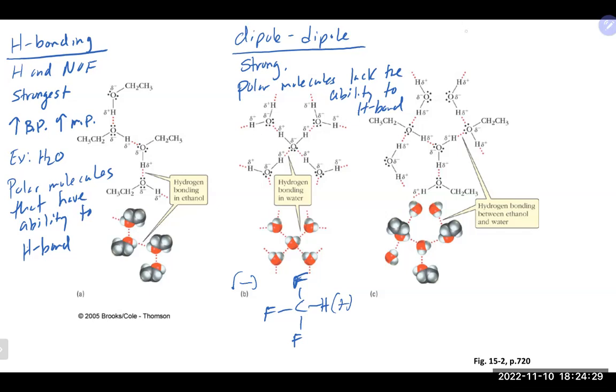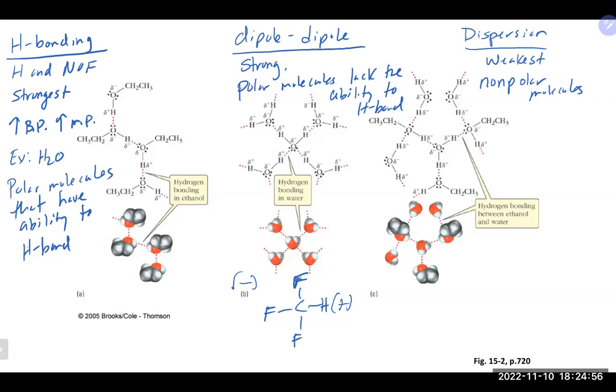Now, on the last end, the weakest, is our dispersion forces. Those, as I mentioned before, are the main route for nonpolar molecules. How nonpolar molecules interact with themselves and with other nonpolar molecules is through dispersion forces.